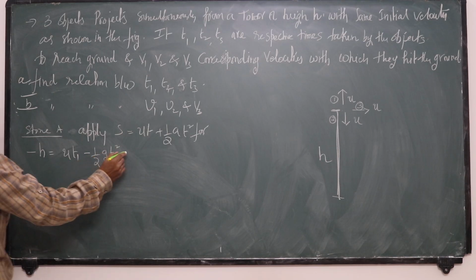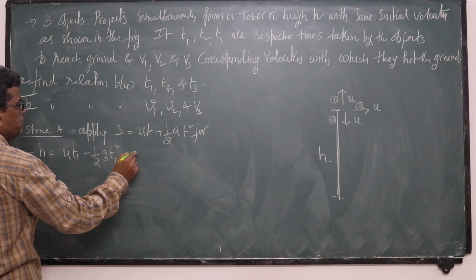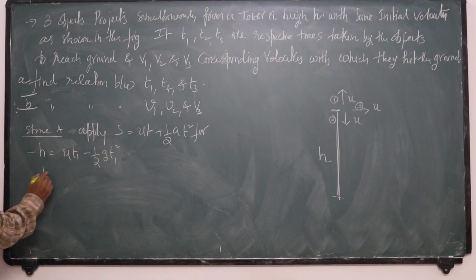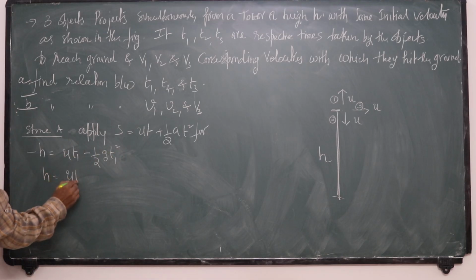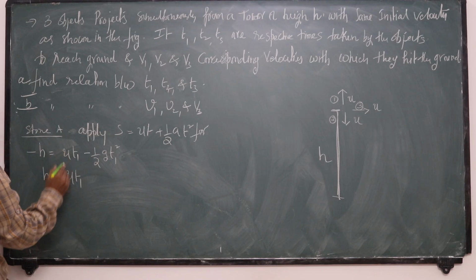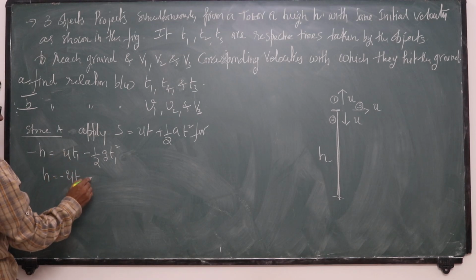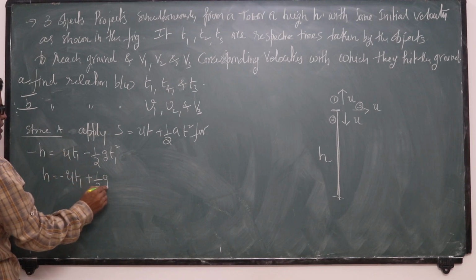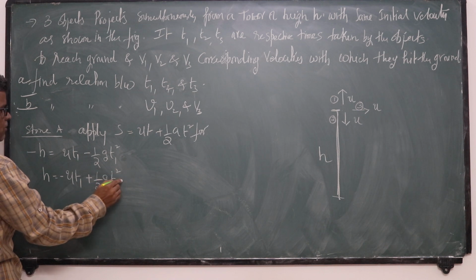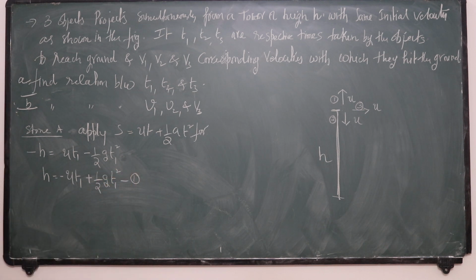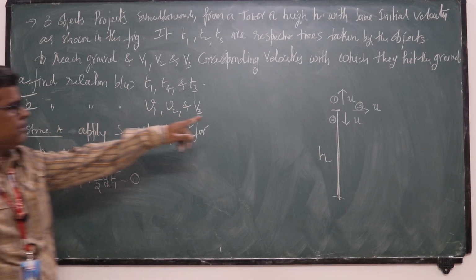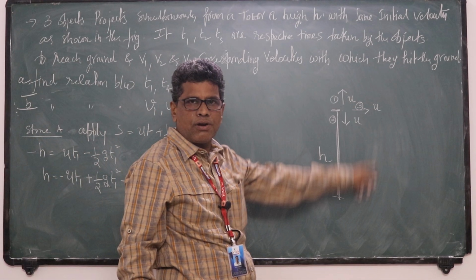You call it equation 1. This can be written as h is equal to ut1 minus ut1 plus half g t1 square. What is t1? T1 is the time taken to hit the ground.